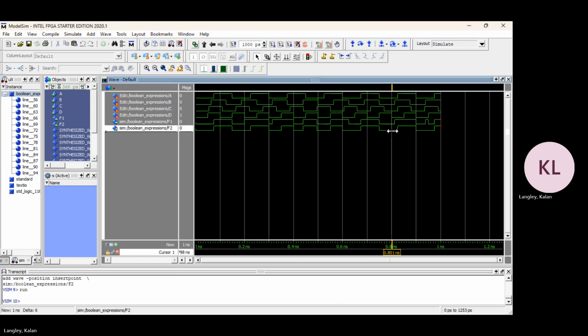Yep. B and C are 1, F1 is 1, F2 is 0. Now we're looking for B, C, D to be 1s, and F1 and F2 should be 0 on BCD.